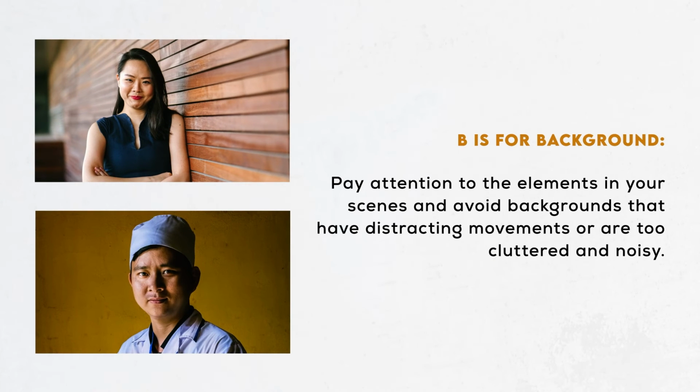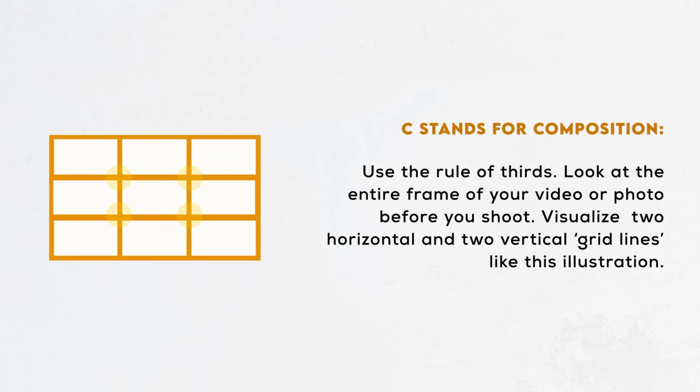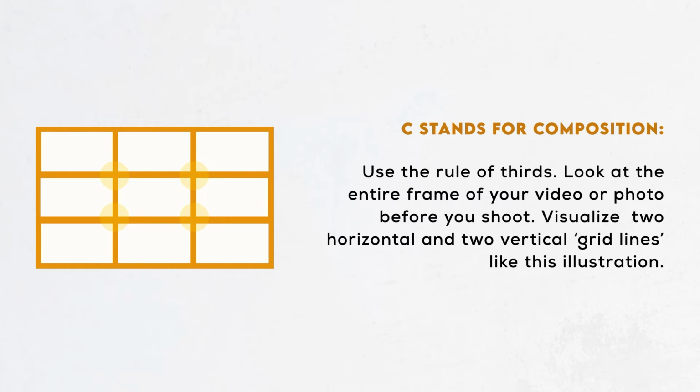B is for background. Pay attention to the elements in your scenes and avoid backgrounds that have distracting movement or are too cluttered and noisy. C stands for composition. Use the rule of thirds. Look at the entire frame of your video or photo before you shoot. Visualize 2 horizontal and 2 vertical grid lines like this.